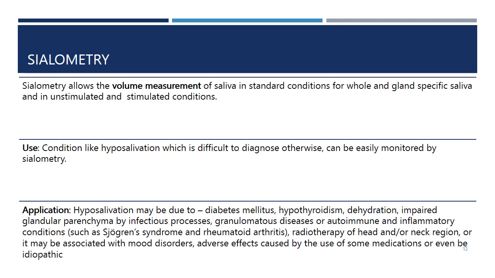Its use is in conditions like hyposalivation, which is difficult to diagnose otherwise. Hyposalivation may be due to diabetes mellitus, hypothyroidism, dehydration, or other causes like radiotherapy of the head and neck region, etc. In these cases, monitoring the saliva volume by sialometry would be of utmost importance.